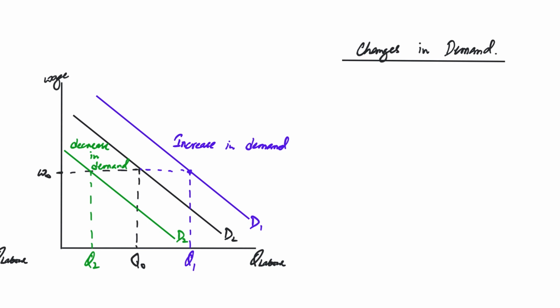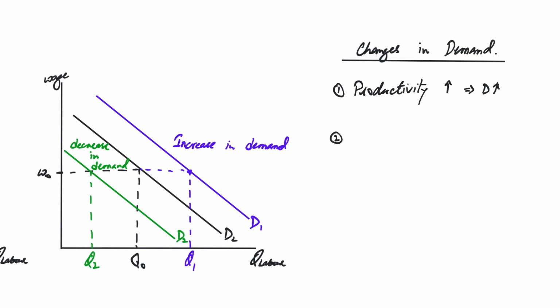Number one, if their productivity changes. What does that mean? If they are more productive and they produce more, firms would want to hire more workers. Okay? So if productivity increases, demand increases. If productivity falls, demand falls.